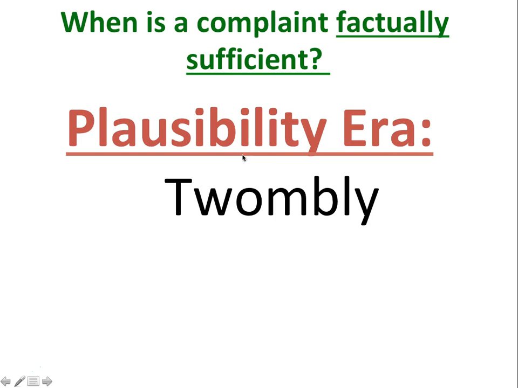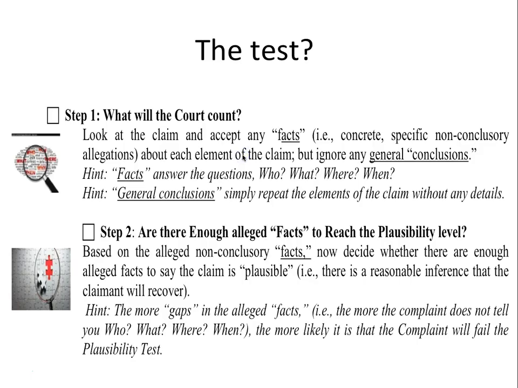Now we're going to turn our attention to the toughest way a complaint can fail to state a claim, the plausibility test, introduced by the Supreme Court in Twombly and refined in Iqbal. As set out in the materials you read, you have to take 2 steps to apply this test.